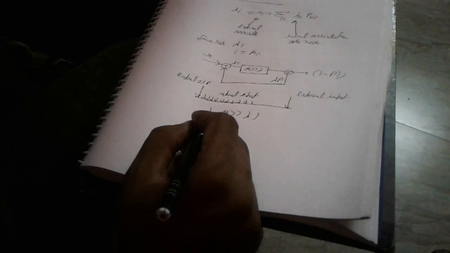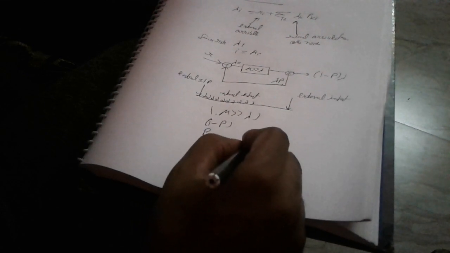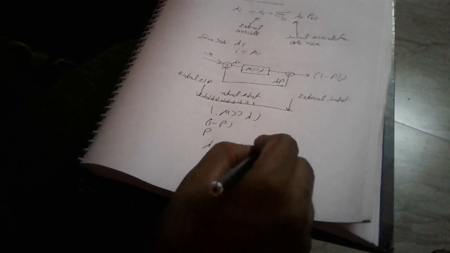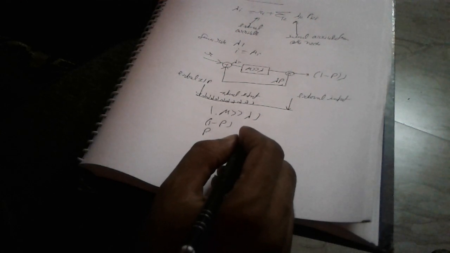Customers exit with probability 1 minus p, and customers return to the queue with probability p. When p is large, each external arrival is followed by a burst of internal arrivals. Arrivals to queues are not Poisson.